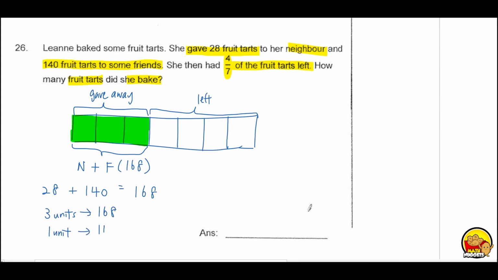So 1 unit would be 168 divided by 3, which gives you 56. And how many fruit tarts did she bake? Meaning the whole entire thing, which is made up of 7 units. So you take 56 times 7, and you will get 392 tarts. That's the answer.